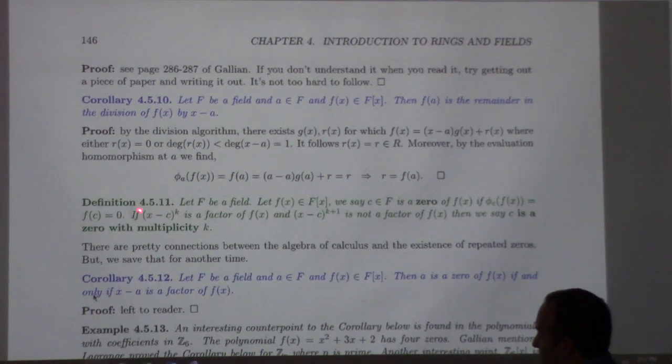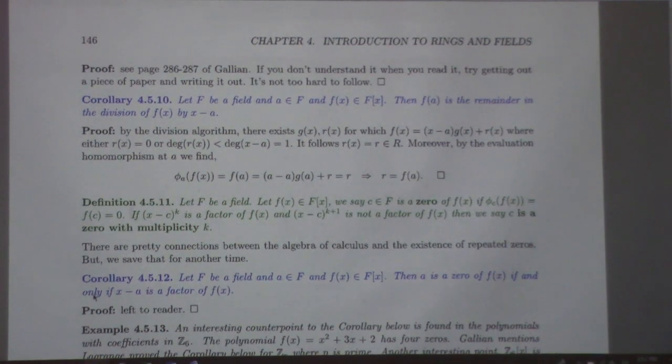We say that the zero has multiplicity k if (x minus c) to the k is a factor of f of x and yet (x minus c) to the k plus 1 is not, right? So the multiplicity is the largest degree of x minus c that you can factor out of the polynomial. This is hopefully not a new idea to you. I probably don't have much more to say about that this semester. I think this comes back up again in 422.